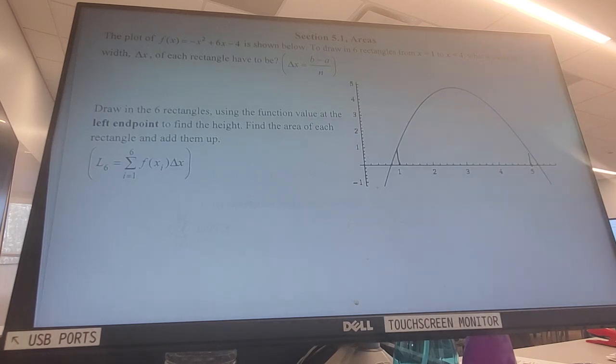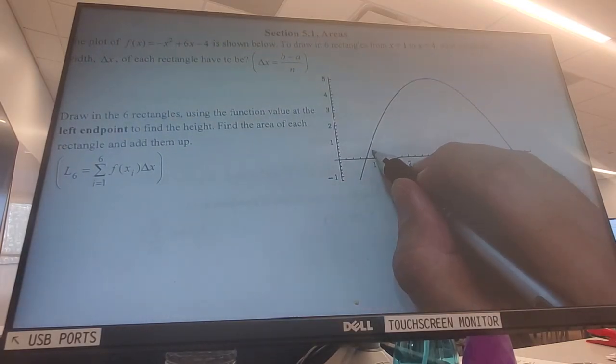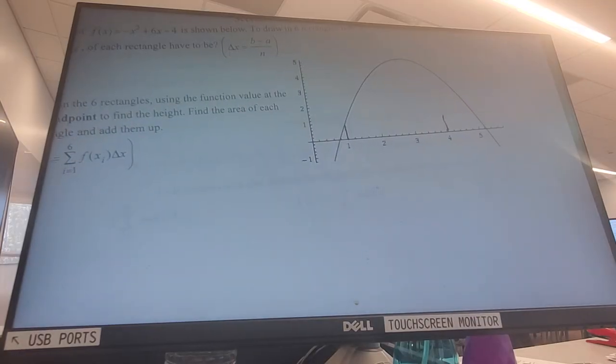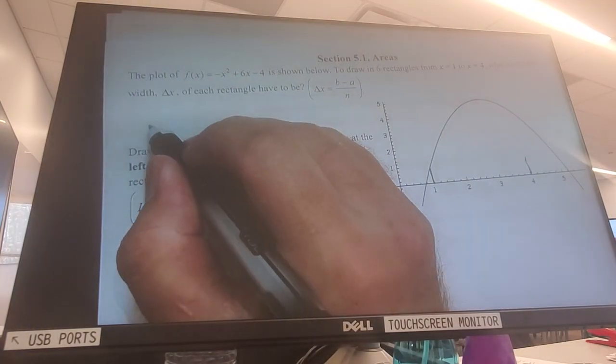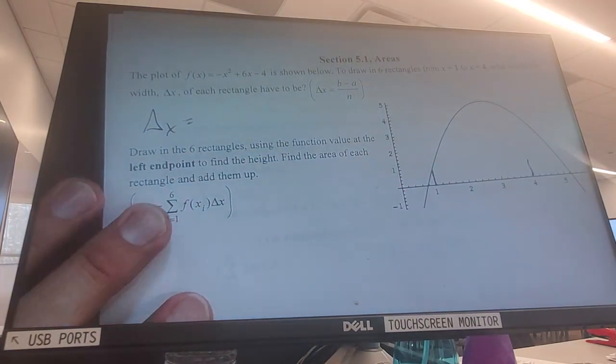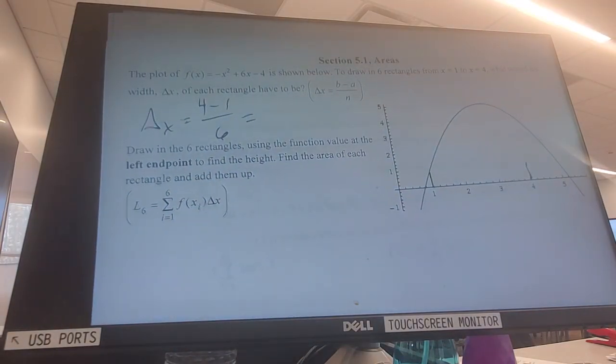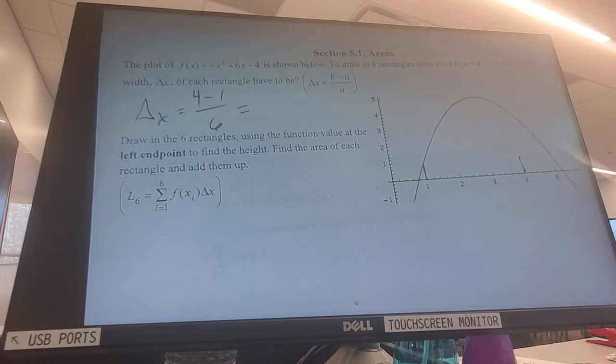Here, let's try this again. 1 to 4. There we go. So what's my width going to be? 4 minus 1 divided by 6. Be really careful. It's how far I've got to go divided by the number of rectangles. So what is it going to be? 1/2. Cool.